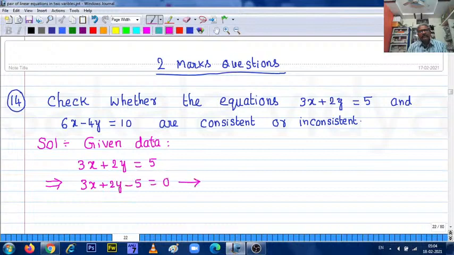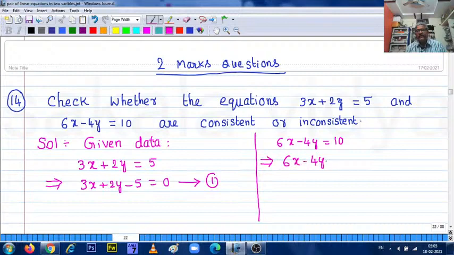Say this is equation 1. The next equation is 6x minus 4y equals 10. Similarly, transposing 10 to the left hand side, we get 6x minus 4y minus 10 equals 0. Say this is equation 2.